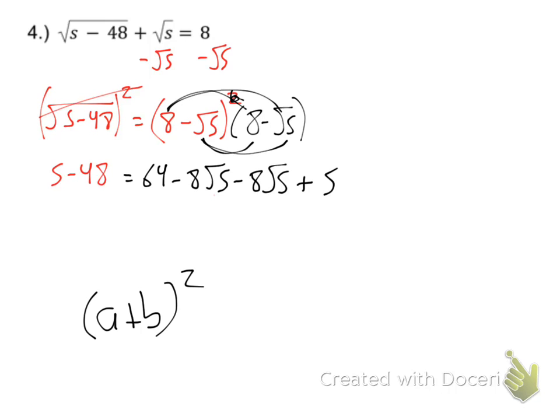When it's a plus b squared, it fits a perfect square binomial. I said, hey guys, there was a special pattern to this. It's the first one squared, the last one squared, and then you multiply a times b and multiply it by 2. Do you guys remember that pattern?